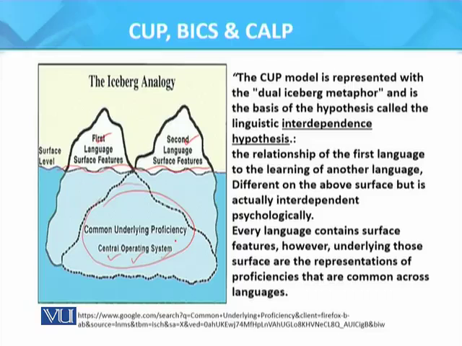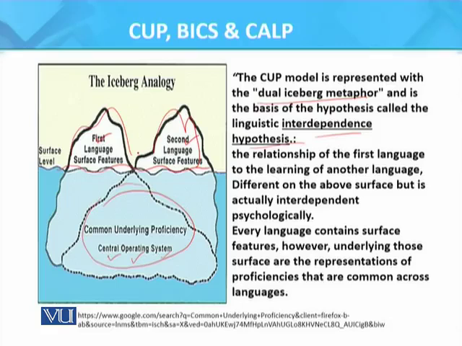The CUP model is represented with the dual iceberg metaphor and is the basis of the hypothesis called the interdependence hypothesis. At the surface level, the two languages are different from each other.